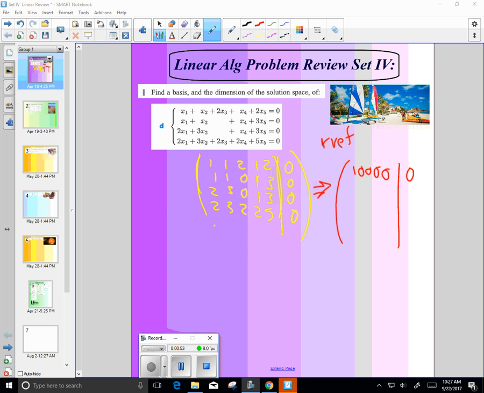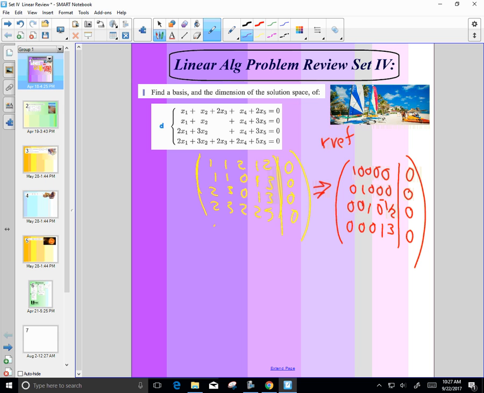Yep. 0, 1, 0, 0, 0. 0, 0, 0, 1, 0. Negative 1 half, I agree with. 0, and then 0, 0, 0, 1, 3, and 0. Did everybody, well, it's easy to do a keystroke mistake on these.